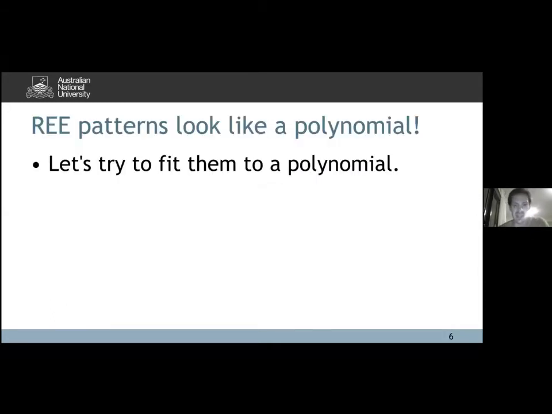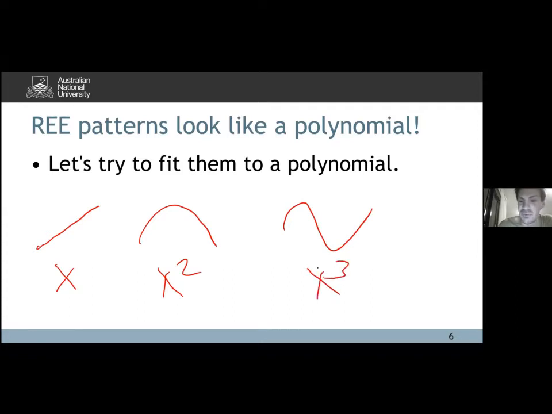If we have a pattern that looks like a line, that is a function that can be described as x. If we have a parabola, then we have an x squared. If you have something like this, then we might have an x cubed.